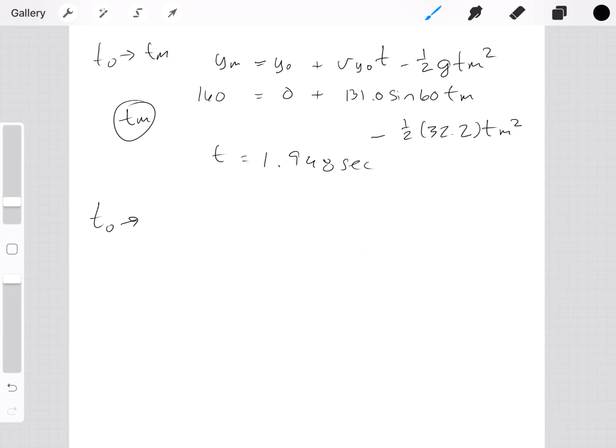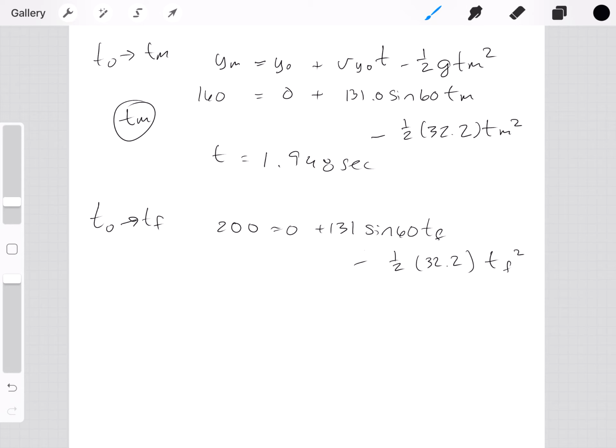And doing the same thing to t final, you'll plug in the values that you know. 131 sine of 60 times t final minus 1/2 of 32.2 t final squared.